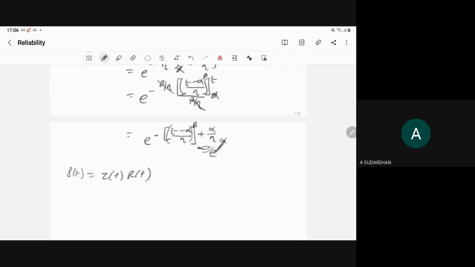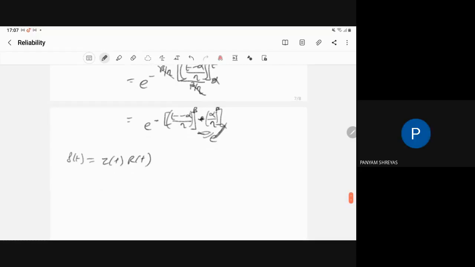It is to the whole power beta. The same thing will come. It's better here you write beta. Yes, Sir, here alpha will not come, it will cancel out?